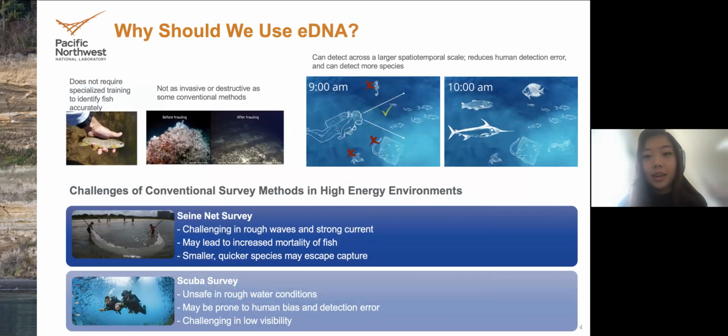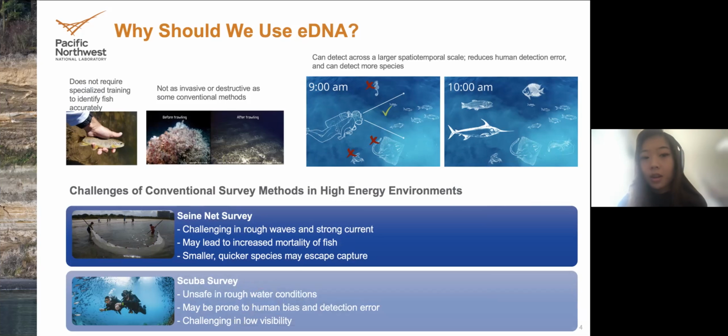Lastly, eDNA can detect more species at a higher resolution. This is because the genetic material stays in the environment for some time after shedding, so even if the organism is not present anymore, it can still be detected. When compared to limited time conventional surveys, eDNA provides a more complete picture of the species found in that area.